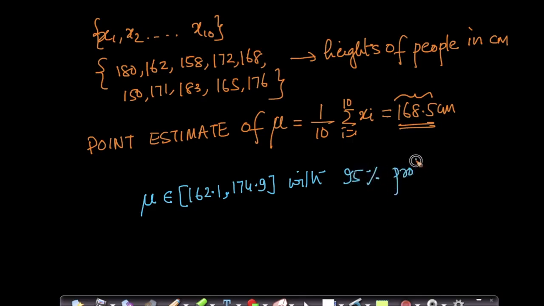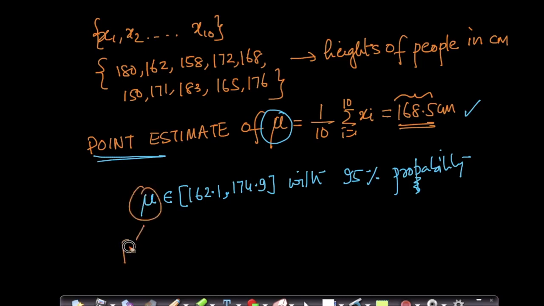Here in the point estimate I'm saying I think the population mean equals 168.5 centimeters. The other way of saying this is that my population mean lies in this interval.